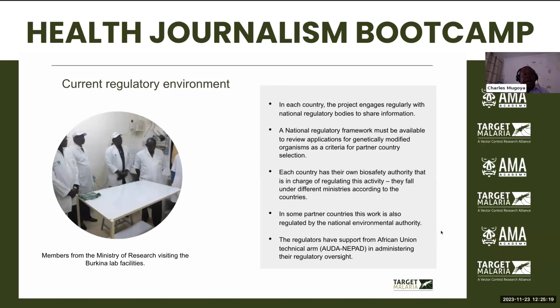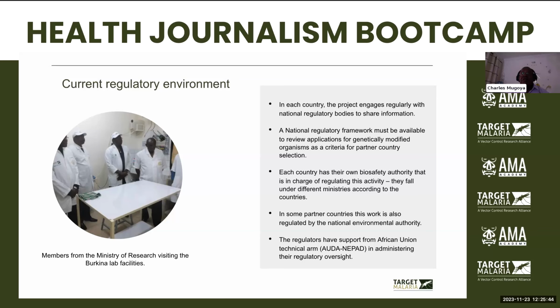So our current regulatory environment in Africa is of a mixed nature, but we are all aiming at the same end product at the end of the day. Each country which is participating in the project engages regularly with the national regulatory bodies in a co-development fashion.